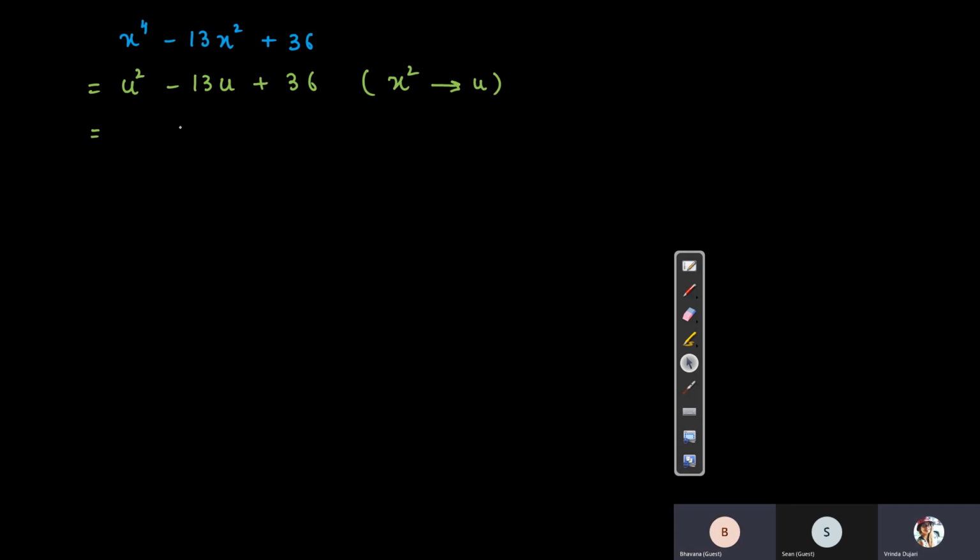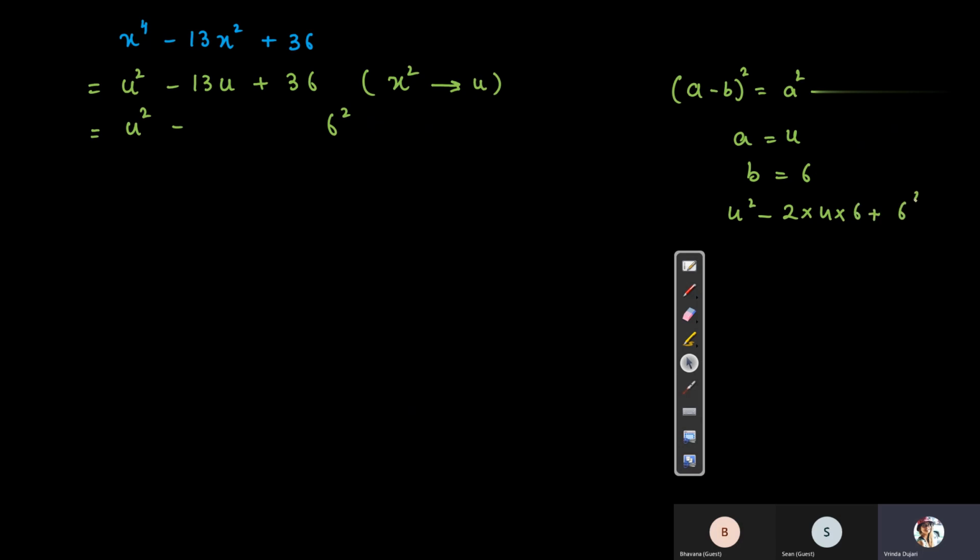But here, Bhavna, if you compare it with that method, a minus b whole square is a square minus 2ab plus b square. So if we compare it, this can be written as u square, 36 can be written as 6 square. So the value of a is u and the value of b is 6. If I write it like this, I will get u square minus 2 times u times 6.